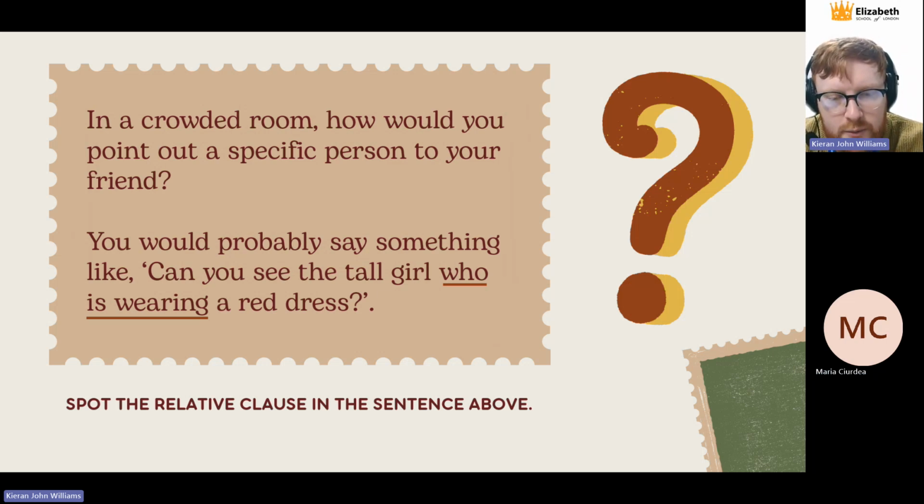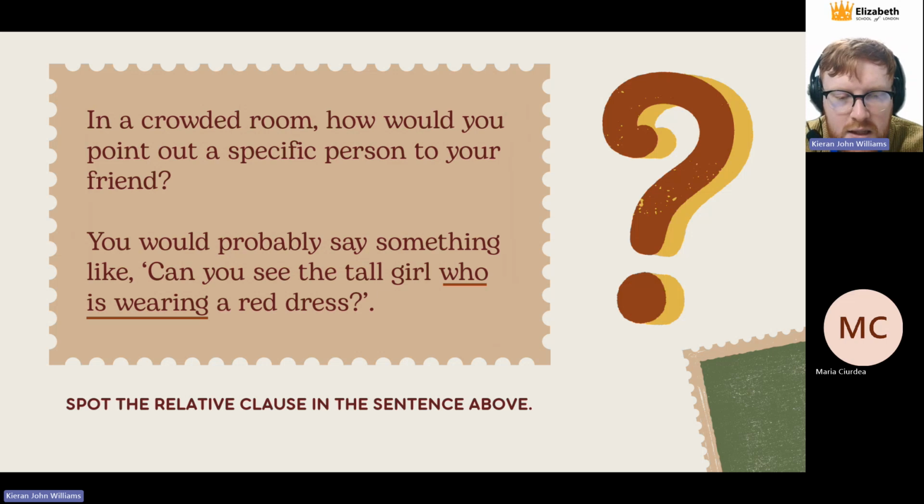And the way that we do this is by using relative clauses. So the relative clause in this situation is this part, as in the tall girl who is wearing, to describe her. Because there might be lots of tall girls, but you're describing the one specifically wearing a red dress.